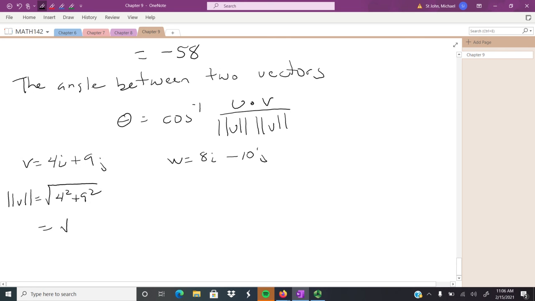And so this will give us the square root of 97. And then the magnitude of W will be 8 squared plus the negative 10 squared. So this will give us the square root of 164.